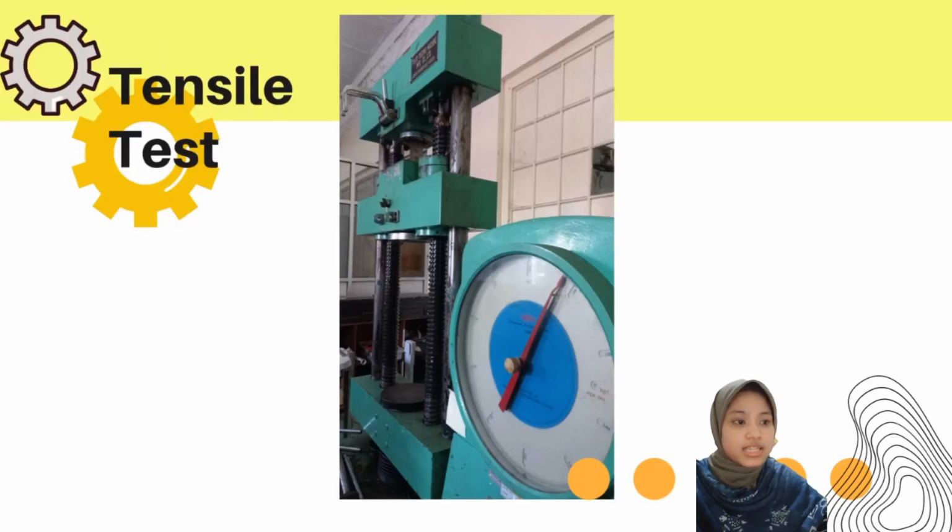And then tensile test. Tensile stress occurs when an object acts with two forces in opposite directions, perpendicular to the axis of the rod and not in line with given rod.